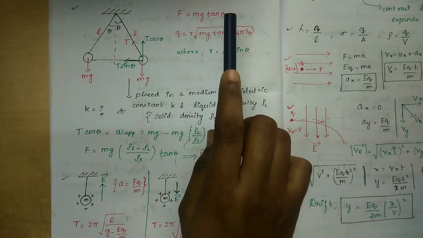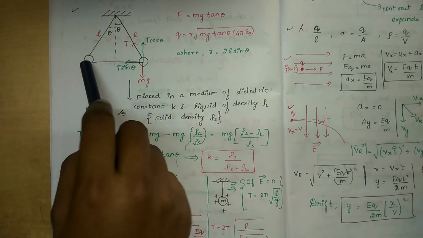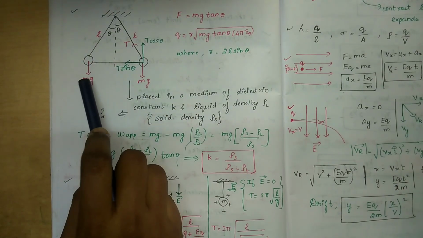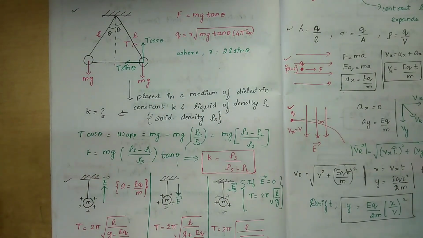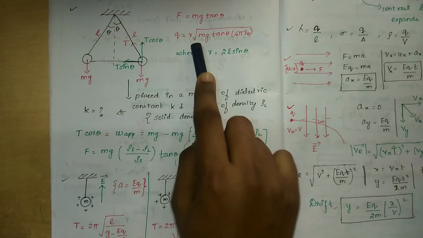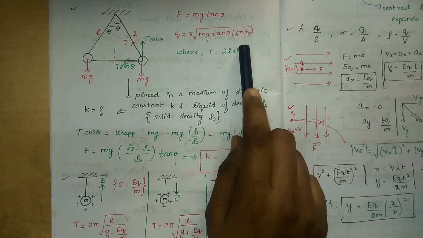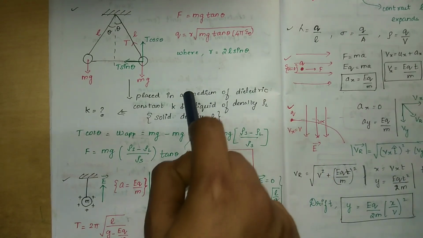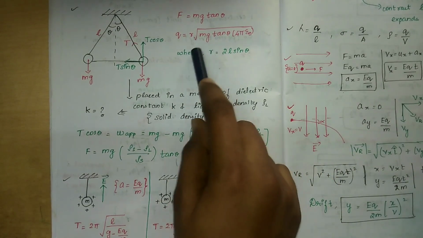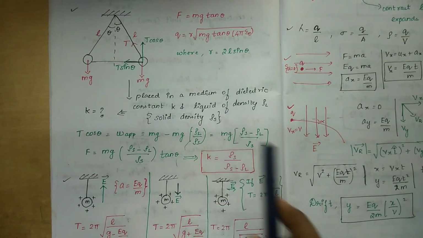Mg tan theta is the force, and if both the bodies are charged, they move towards the ends due to repulsion. What is the charge? It is equal to r root of mg tan theta into 4 pi epsilon naught, where r equals 2l sin theta. You apply here and you will get q.